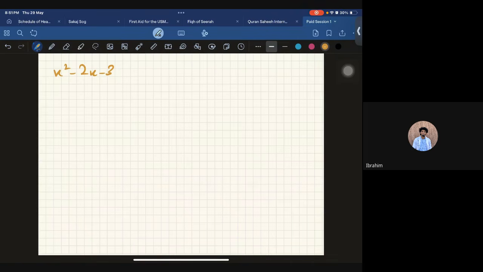Because there's nothing written before x square, the coefficient is 1. If we multiply 1 with 3, we get 3, and 1 times 3 is 3. And if we take the difference of these, 1 minus 3 is minus 2. And that's exactly what we need over here.